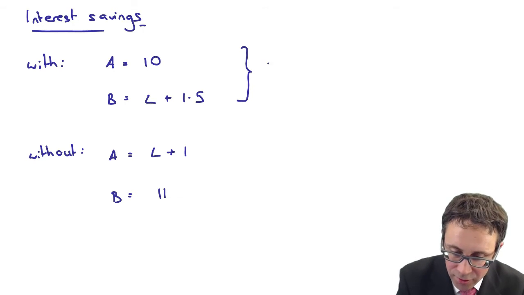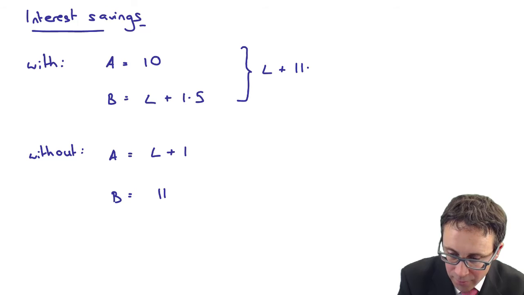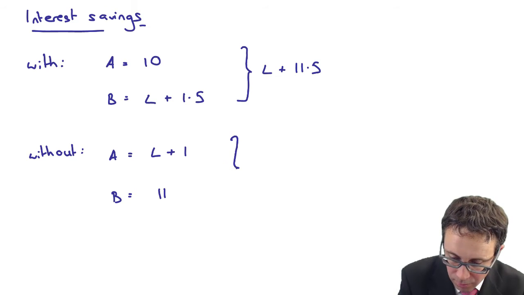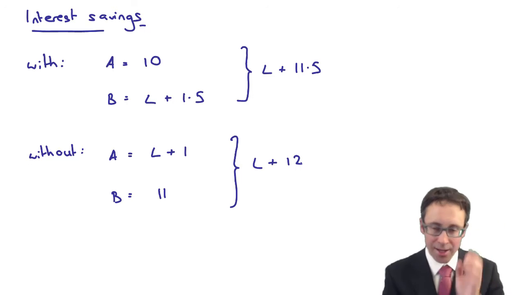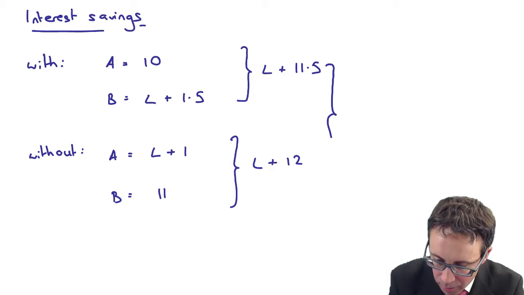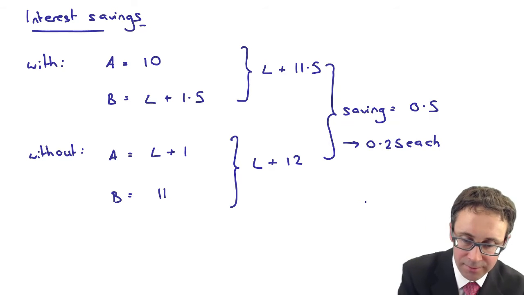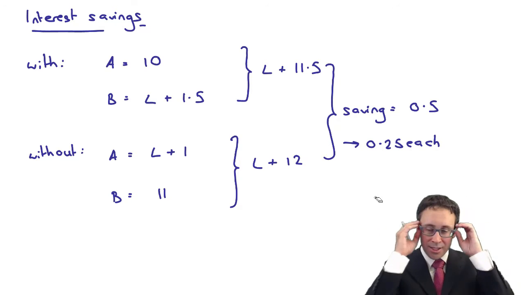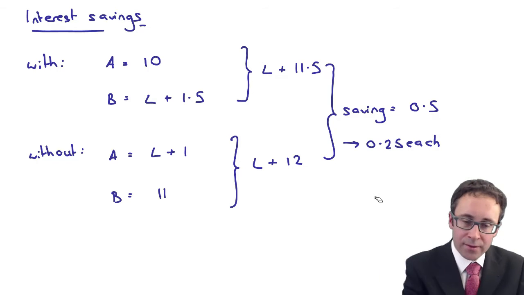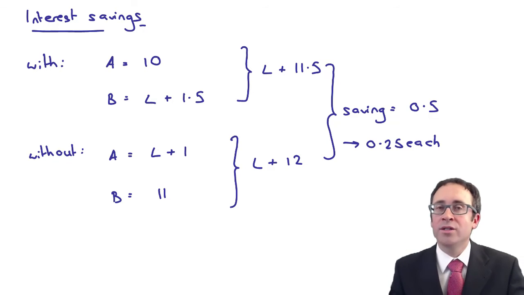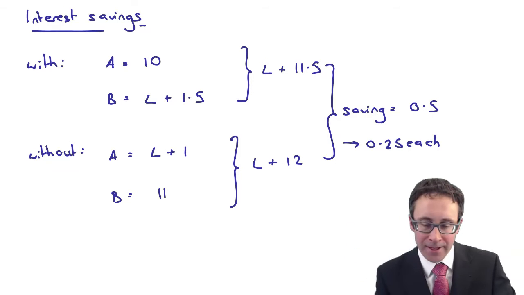So with the swap, LIBOR plus 11.5. Without the swap, it's LIBOR plus 12. With the swap, it is cheaper. The saving is 0.5, which is therefore 0.25 each. Divide by 2. Just be careful, it might not necessarily be a 50-50 saving. You would need to go with what you are told within the question. If you're not told anything, split it equally.